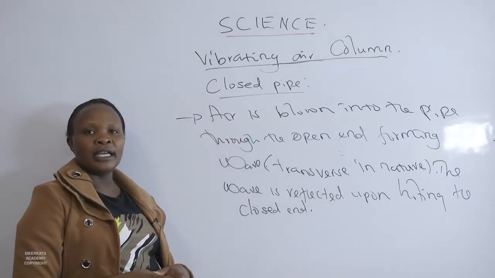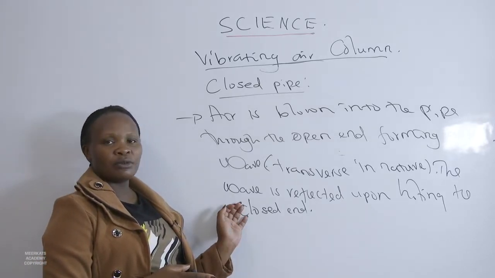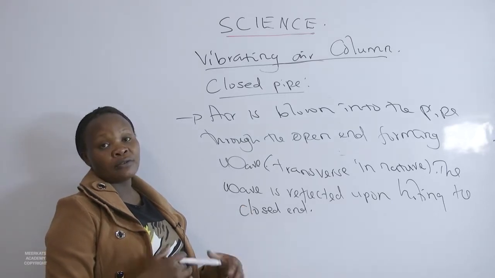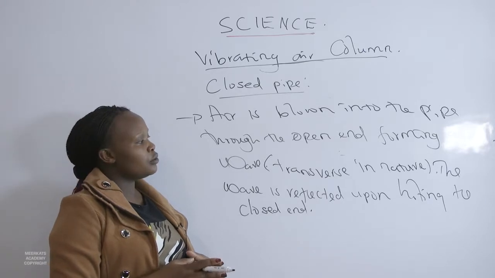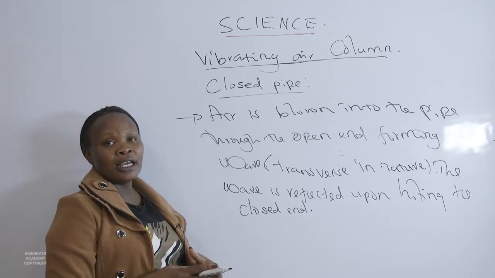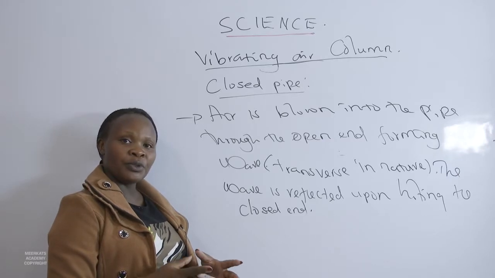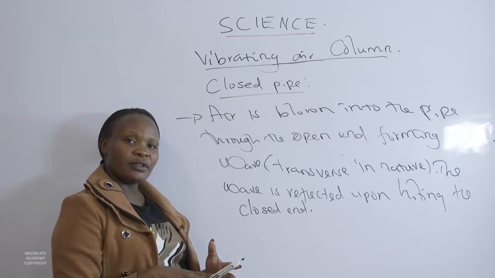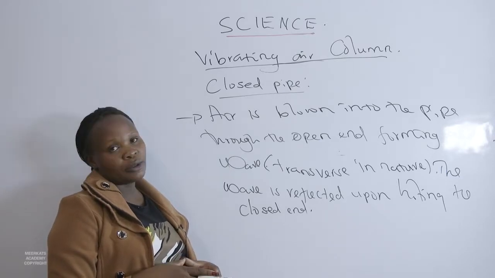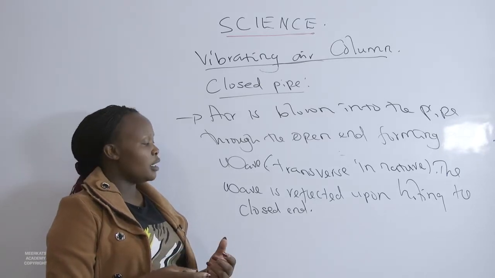And from there, the narrative is what we are familiar with: we have blown air into a pipe, it has traveled in form of disturbance to the closed end, and there it is reflected, so that now we form a reflected wave on our incident wave, and that way we can manage to come up with a stationary wave which is of our interest.